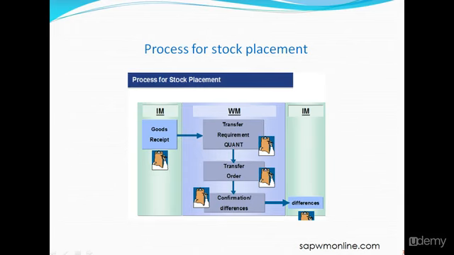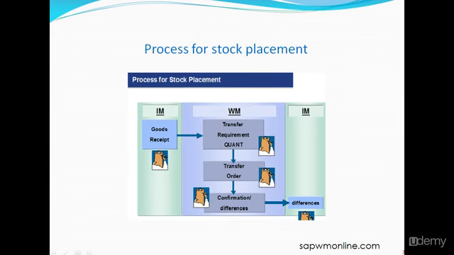This transfer order gets all the information from the transfer requirement, and additionally, during the process of creation, it would find the relevant bin for that material using the search strategy you have defined for your warehouse. The warehouse user then uses this transfer order for putting away the material.